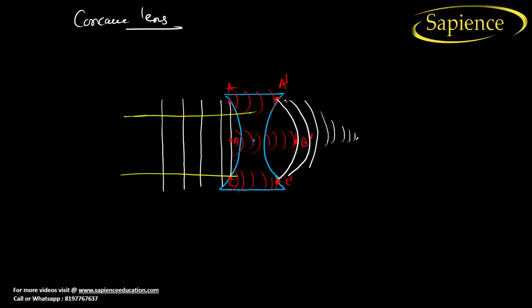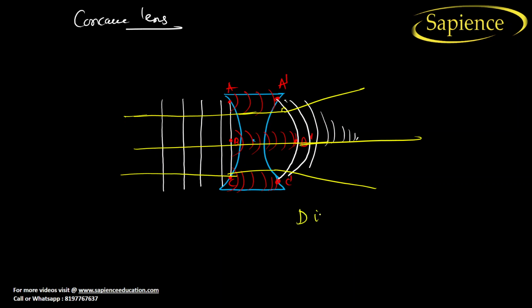So it should be like this because this is perpendicular. It should be a straight line like this. So it means that it is your diverging source wavefront. Got it?